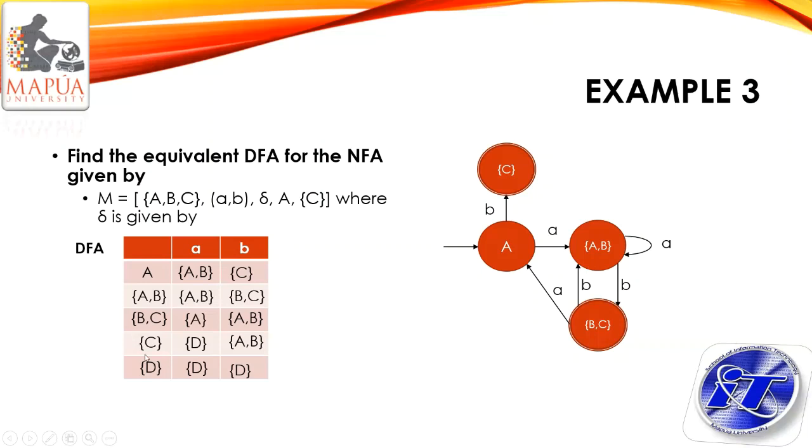And on C, if it's A, it will go to a trap state. And if it's B, it will go to AB. And trap state D, any values will just loop within itself. So this will be our DFA equivalent of the given NFA.